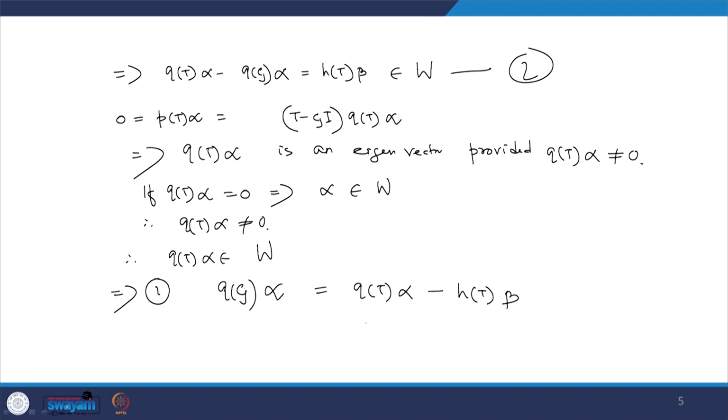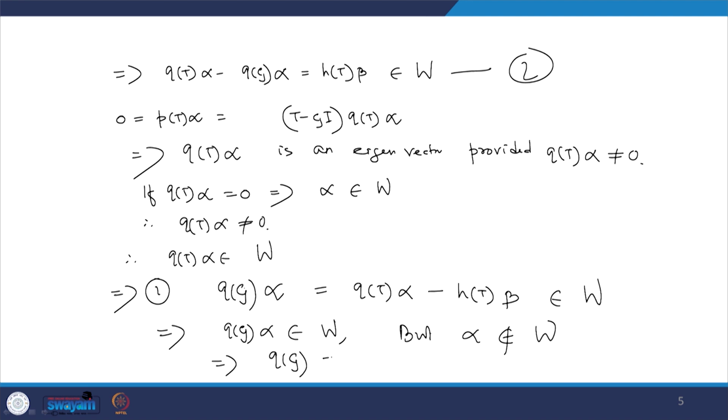On the right hand side each of them belongs to W, because Qt alpha belongs to W and Ht beta also belongs to W. So this implies Qcj alpha belongs to W, but alpha does not belong to W. So this implies Qcj must be equal to 0.